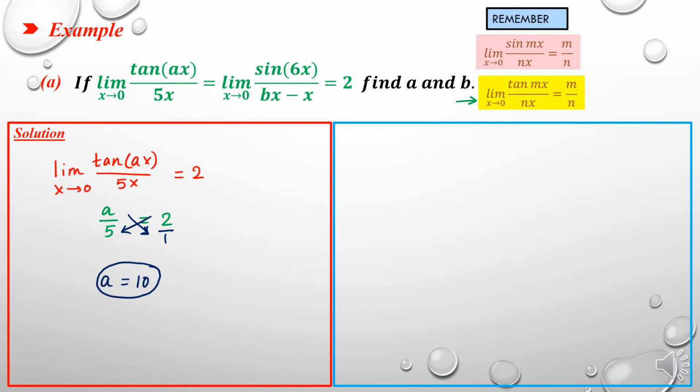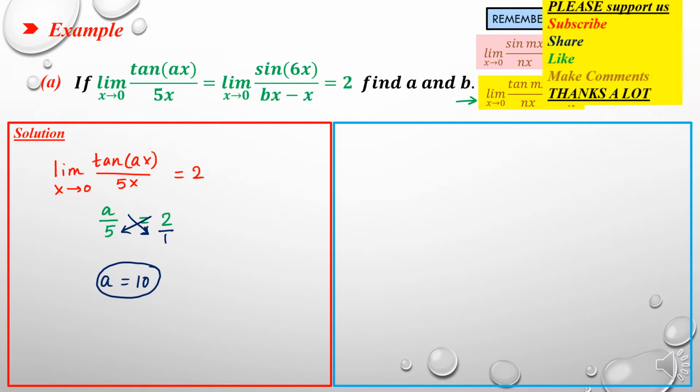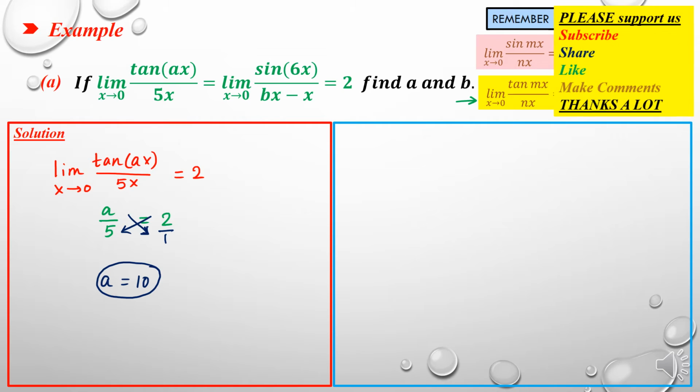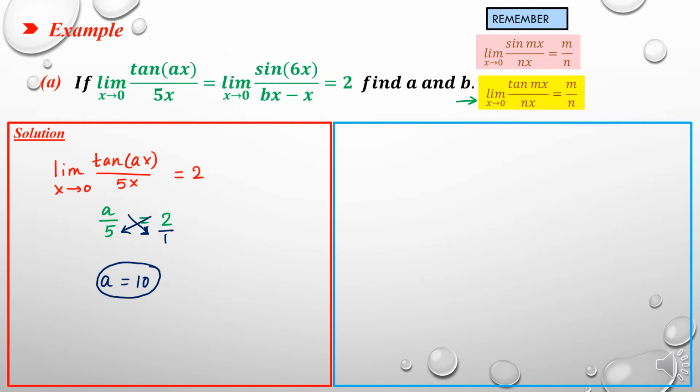In part B, or to find the missing constant b, you have to use the second limit. So the second limit is limit sine 6x over bx minus x when x goes to 0, and again this limit equals 2.